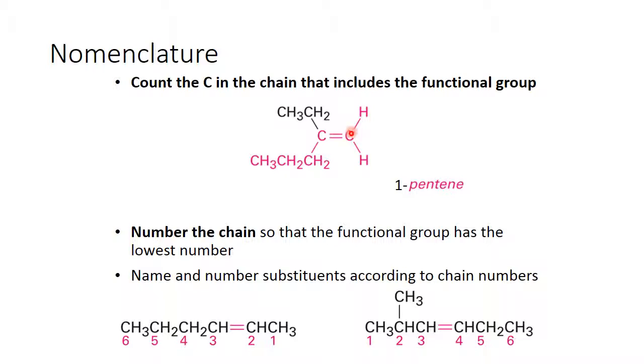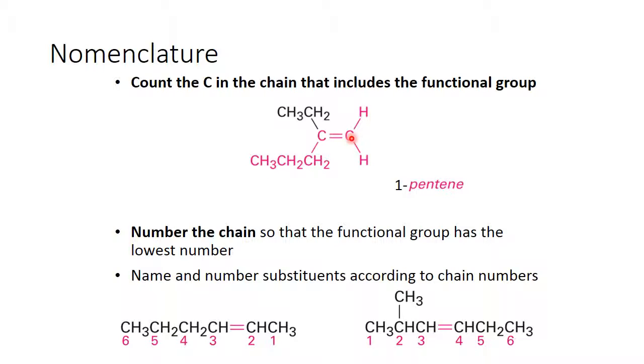I don't choose one numbering system for the functional group and one numbering system for the substituents. I have one numbering system, so now that I have claimed this is number 1 because of the functional group, it stays number 1 regardless of what I'm counting. So this is always number 2, always number 3, always number 4, and always number 5.